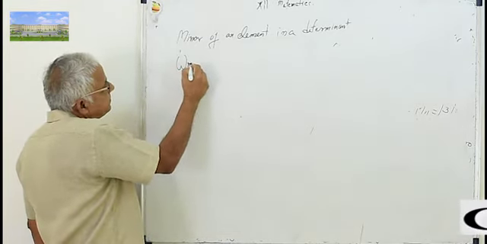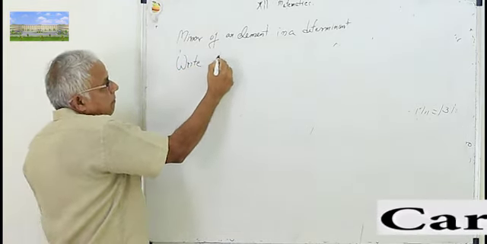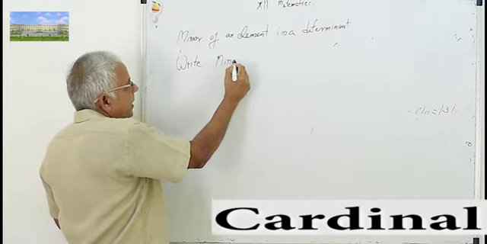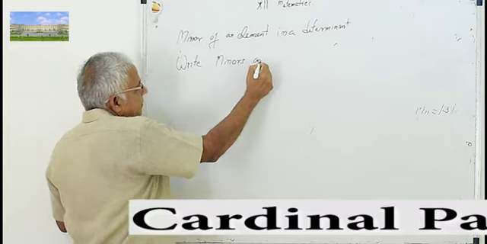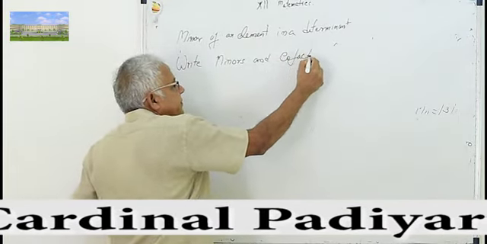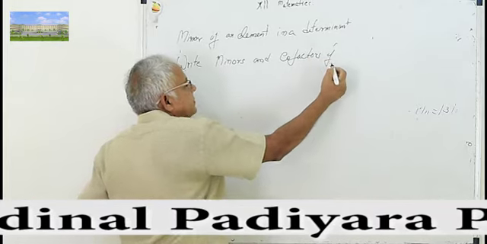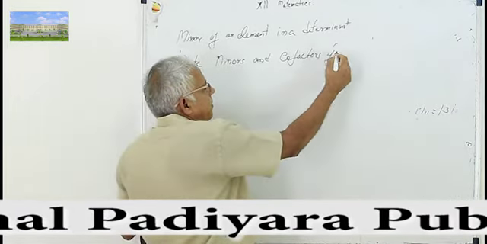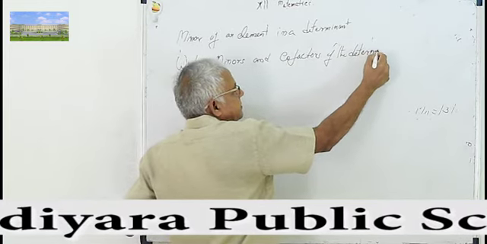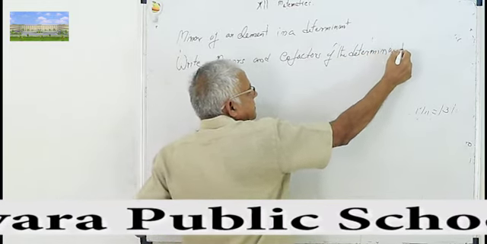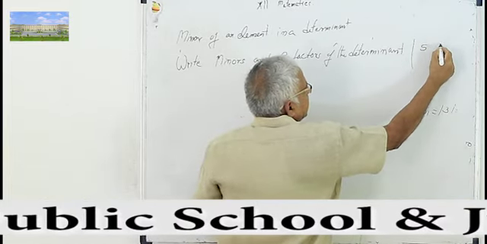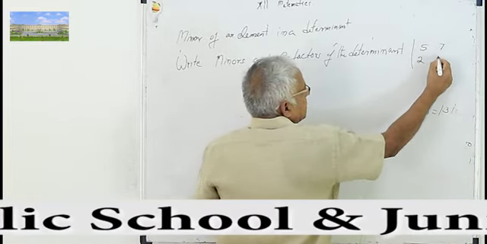Write minors and cofactors of the determinant 5, 7, 2, 4.